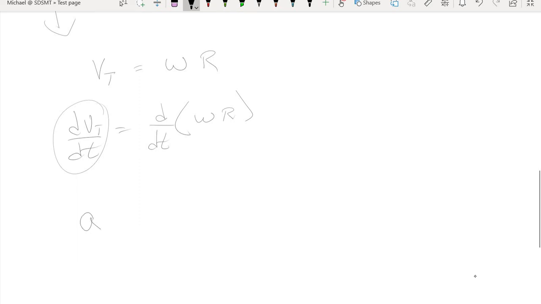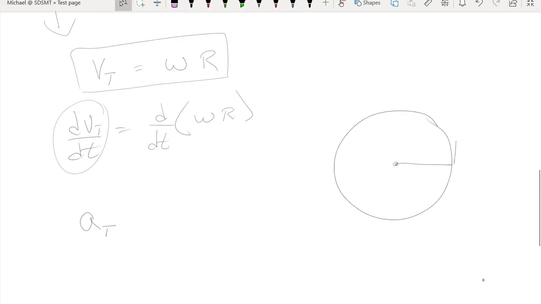But I'm going to keep the subscript of t there, because this was a velocity that was tangent to the rim of the circle. So if I have a velocity that's tangent to the rim of the circle, what happens if I change that velocity? The only way that I could change that velocity was if I had some kind of acceleration that pointed along the same direction. So we're going to call that the tangent acceleration.